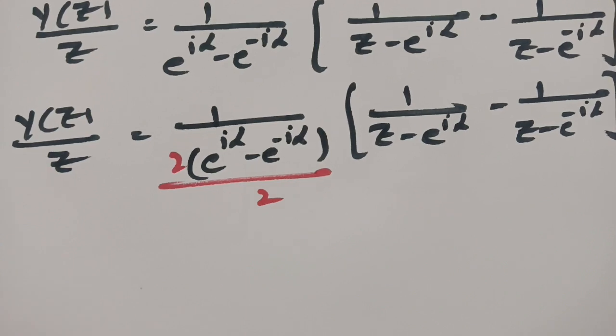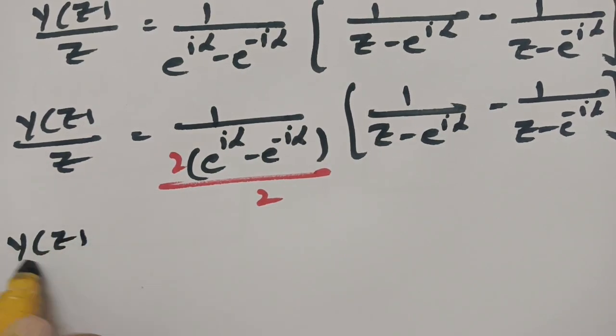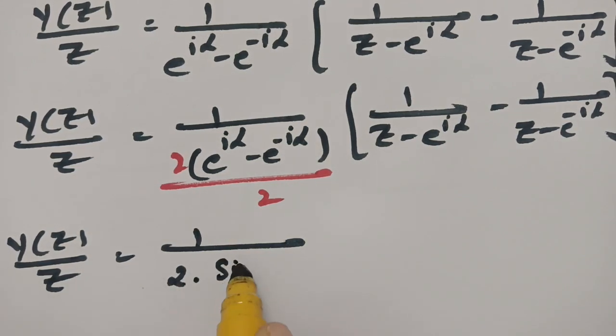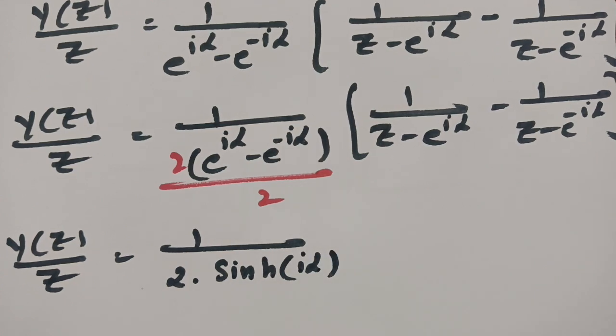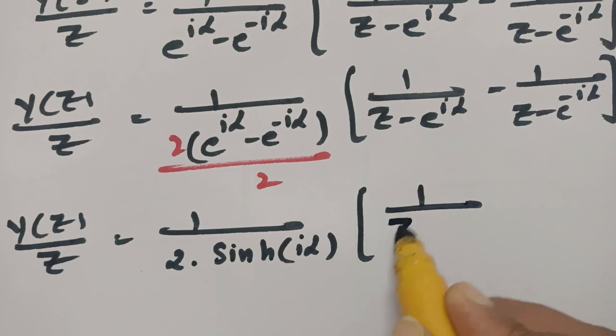Clear? And see, if I multiply and divide, what happens to this one? So y of z by z is equal to 1 by 2 times sine hyperbolic function of i alpha. Clear?